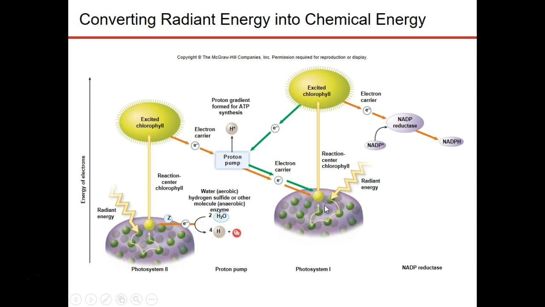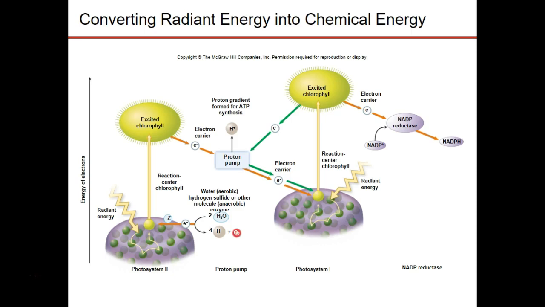So remember, in the purple and green anoxygenic photosynthesizers, they need more energy to produce the same amount of carbohydrate. So they use cyclic photophosphorylation as well.